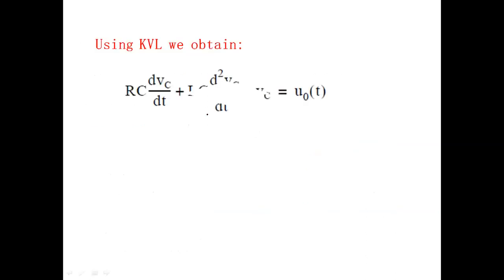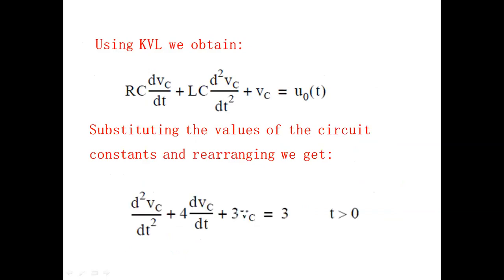So using Kirchhoff's voltage law, we are able to obtain the differential equation RC dVC over dt plus LC d2VC over dt2 plus VC is equal to U0 of t. Then substituting the values of the circuit constants and rearranging, we get d2VC over dt2 plus 4 dVC over dt plus 3 VC is equal to 3, on condition that t is greater than 0.